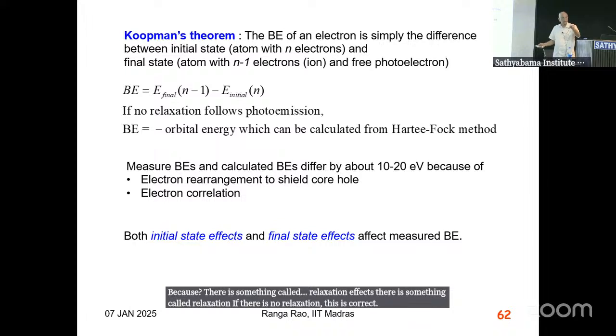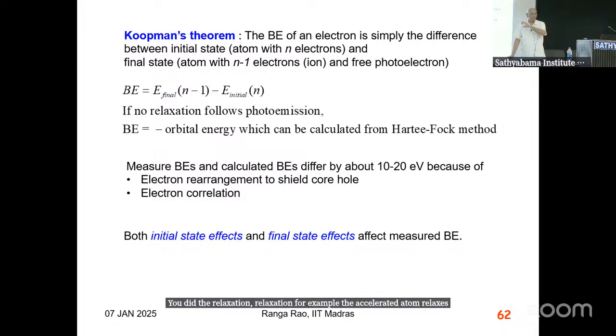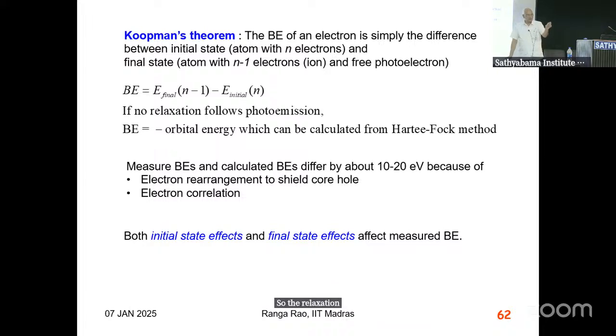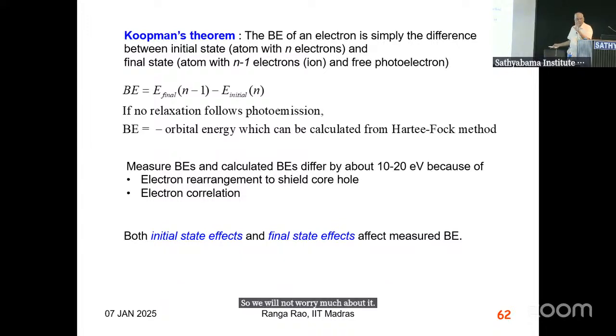If there is a certain relaxation, for example, the excited atom relaxes, then that is not true. So that relaxation energy has to be taken into account. That is called Koopmans' theorem, but we generally don't worry about it. It is the theoreticians who break their head over Koopmans' theorem, so we will not worry much about it. Okay, but there is a very interesting observation made by Koopmans.